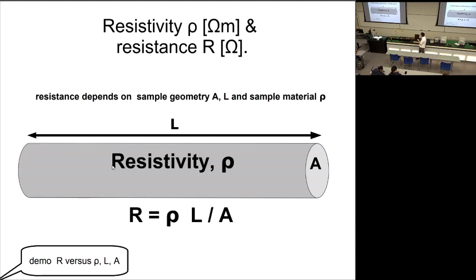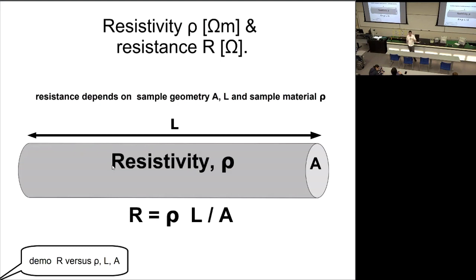And then it depends on the resistivity of the material. Copper is famous for having a very small resistivity. Current easily flows through copper. That's obviously why we make copper wires. It has a small resistivity, which makes a small resistance when you make a wire out of it.